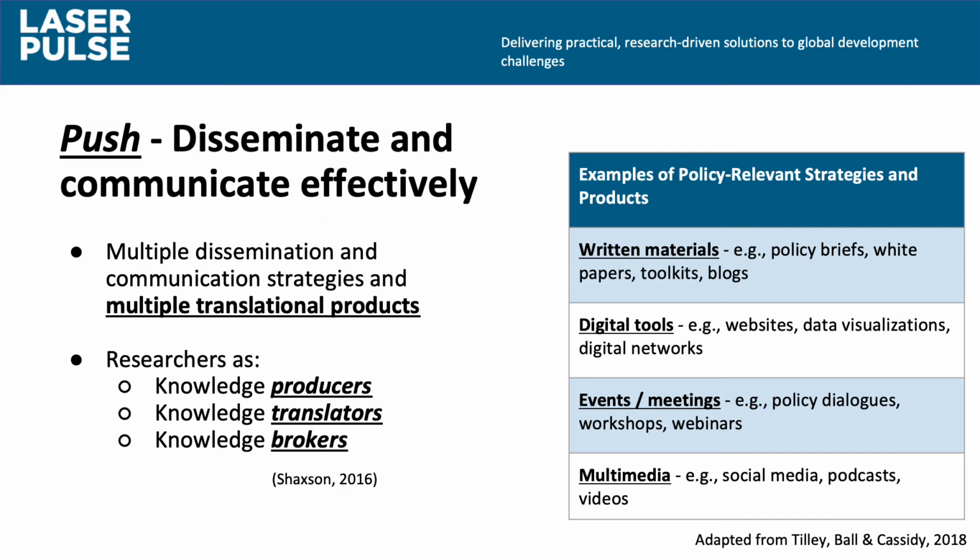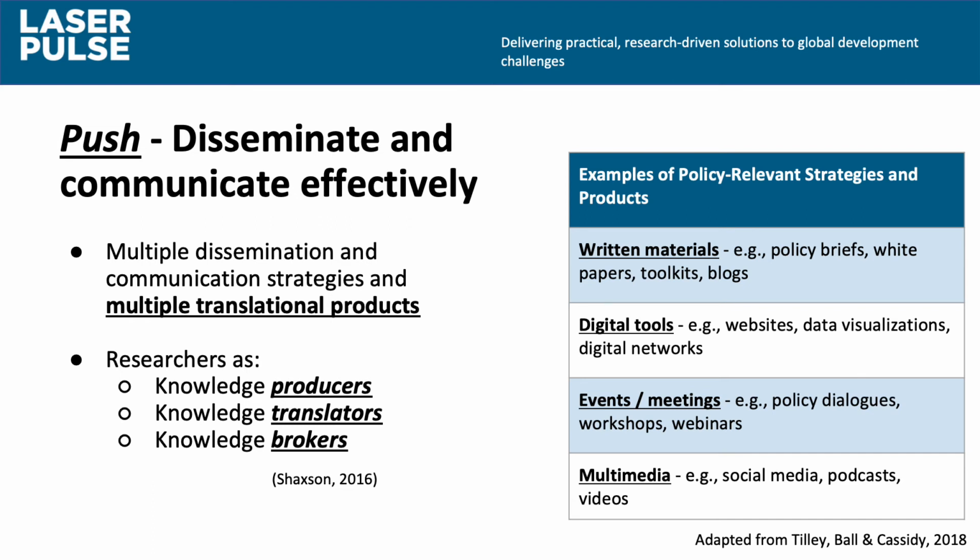When thinking about your dissemination and communication strategies, remember, researchers are not just knowledge producers. To be effective policy change agents, researchers also need to be knowledge translators who can translate research findings to non-specialist audiences, and to be knowledge brokers who can work alongside policy stakeholders and policymakers to incorporate research findings into policy debates and instruments.